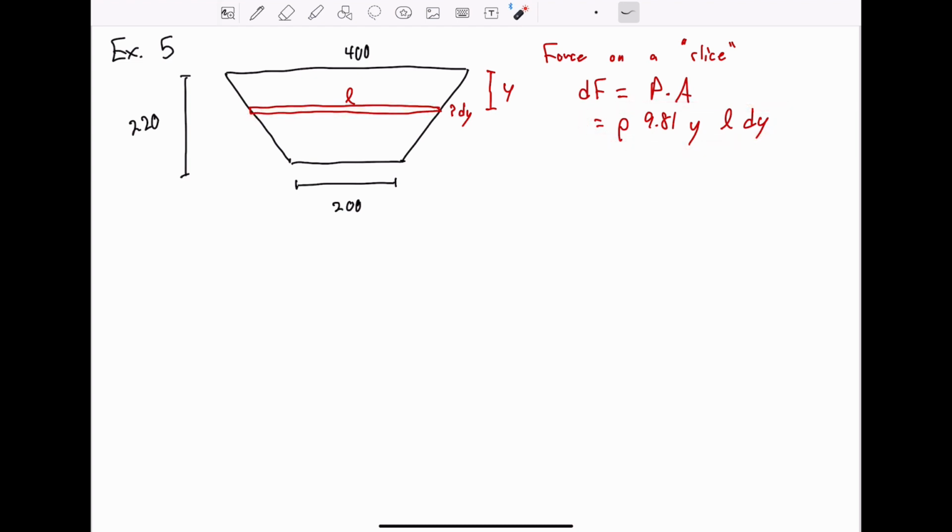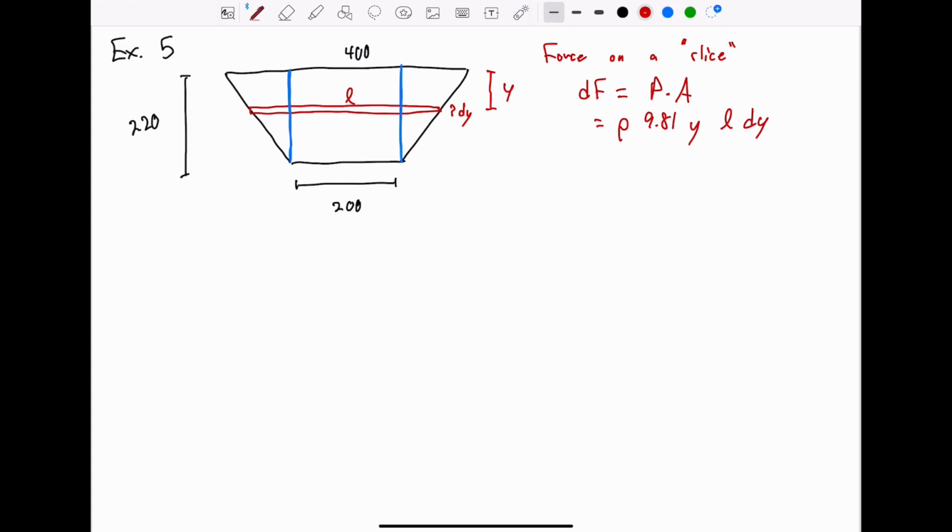Now that we have this, we need to get everything in terms of y. And you might be thinking that we'll probably use similar triangles here, and that is indeed the case. However, we don't quite have a triangle, we have a trapezoid. So there's a number of different ways to work through this, but I think one of the easiest ways is to think of creating a couple triangles here. Let's imagine creating a triangle here and also here.